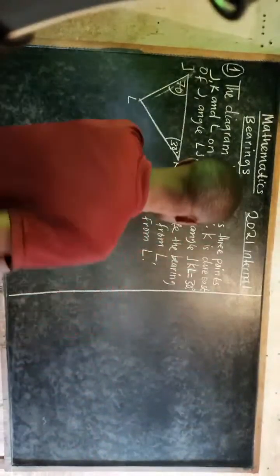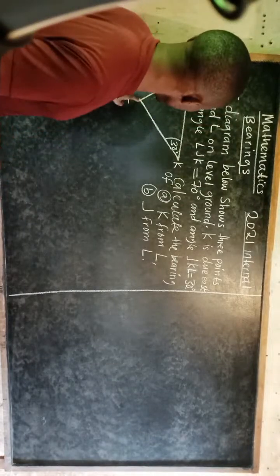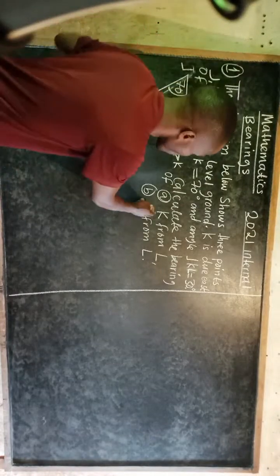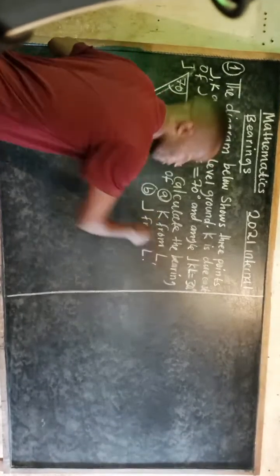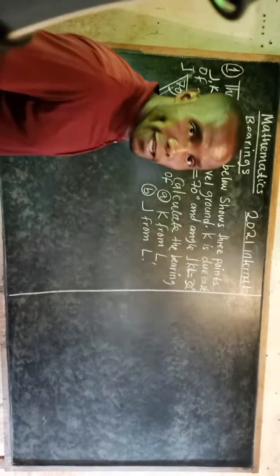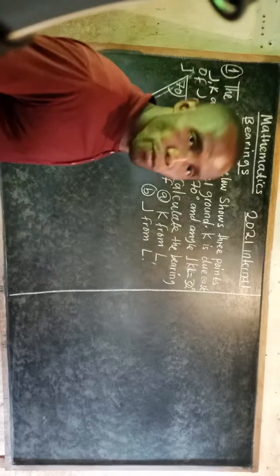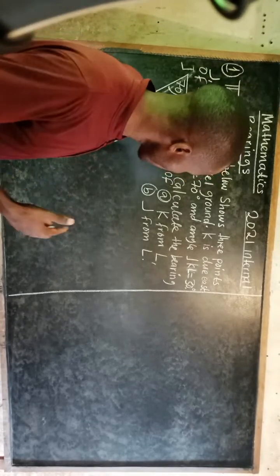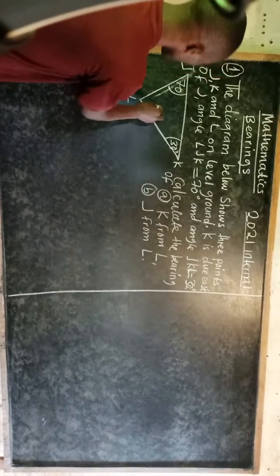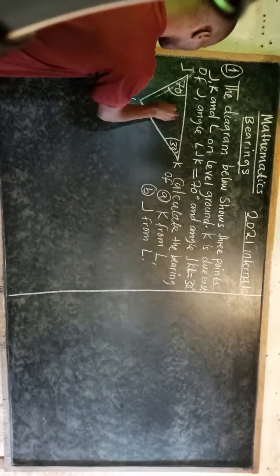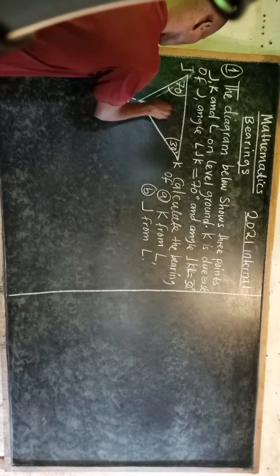When you look at KL, it means we need to target the last letter. Since it is K from L, L is where you are going to create the true north. So L is here, so the true north will be here. You make a true north, which is a vertical line like this.